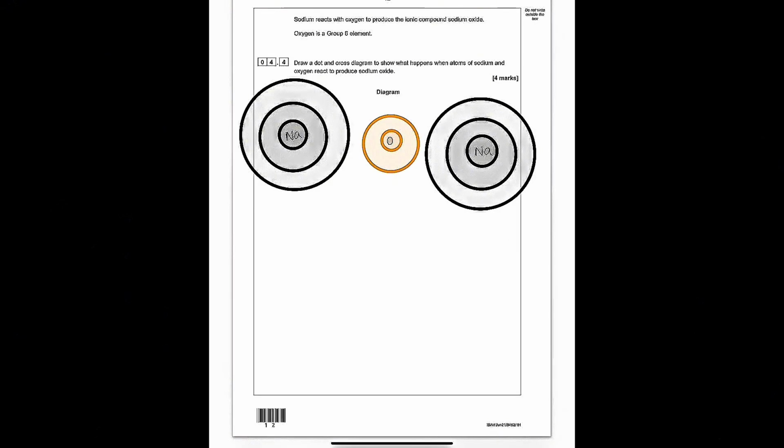I'm going to draw them as dots. So the first shell can only have up to 2, which I'm going to show you here. So top, bottom. And then the second shell can have a maximum of 8. Top, bottom, right, left. Top, bottom, right, and left.